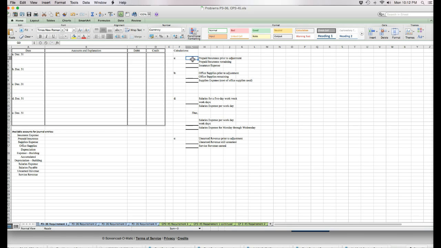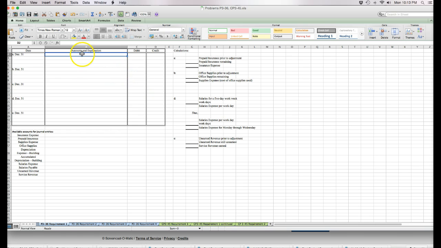For instance, for prepaid insurance, you're going to do a calculation that starts with prepaid insurance prior to the adjustment. Then they give you the prepaid insurance remaining, and you calculate the insurance expense that we're actually going to record as an adjusting entry. So it's this calculated number that you're going to record in your journal entry over here.